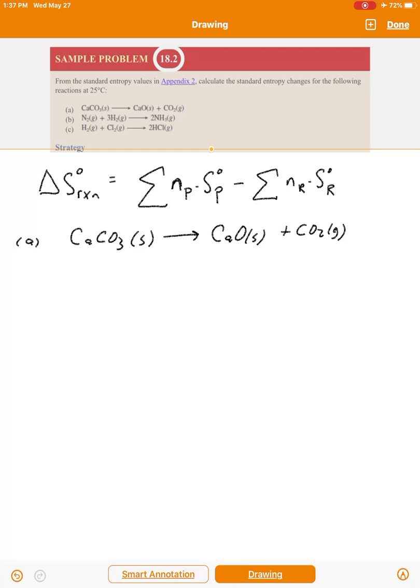For calcium carbonate in the solid phase, it's 92.9, and that's joules per Kelvin mole. For calcium oxide, it's 39.8 joules per Kelvin mole. And for carbon dioxide, it's 213.6.